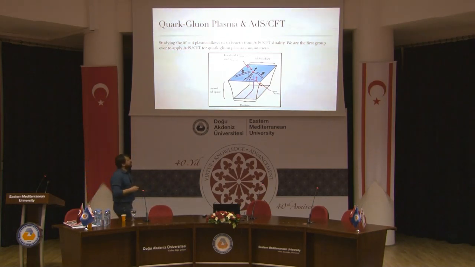Here, the gravity background is a curved 5-dimensional space-time. We are interested in a 4-dimensional theory, but we go one dimension higher, into 5 dimensions, and our theory lives on the boundary. So our 4-dimensional theory is on the boundary, and this transverse direction acts like an energy scale.